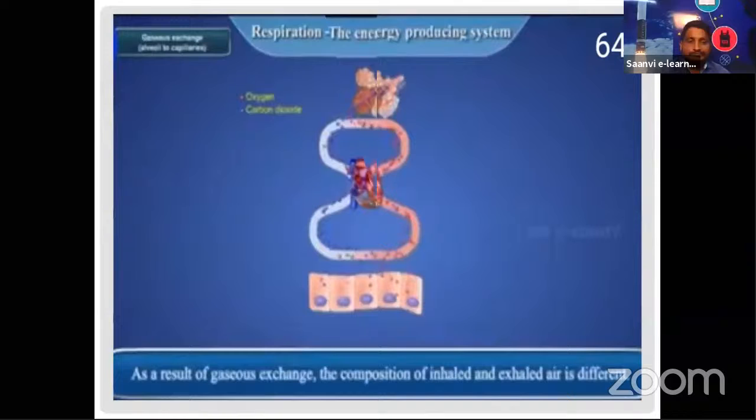Next, as a result of gas exchange, the composition of inhaled and exhaled air is different. So what is the composition? For example, your mother prepared a cup of tea.